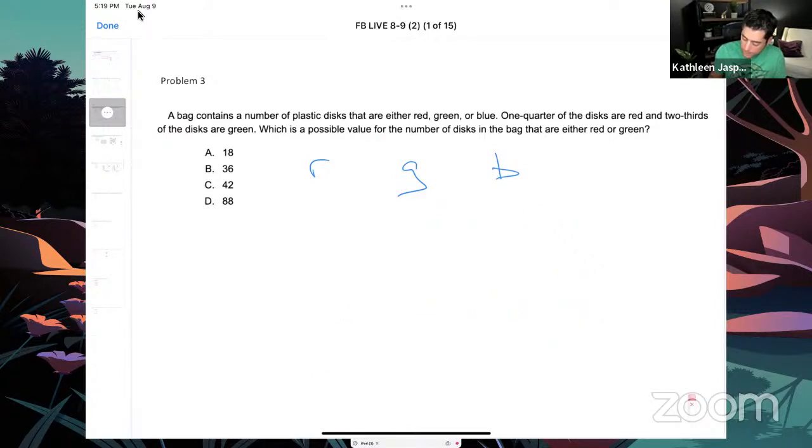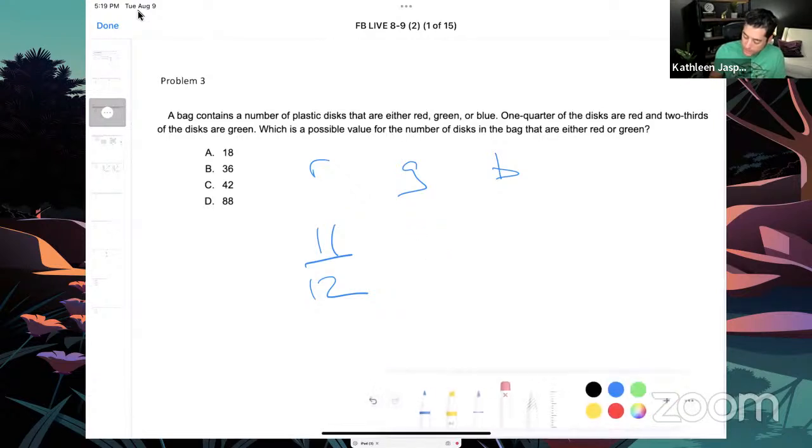All right. So I have 11/12. 11 is the number of red and green together, right? So it has to be in 11. Let me make it make more sense.